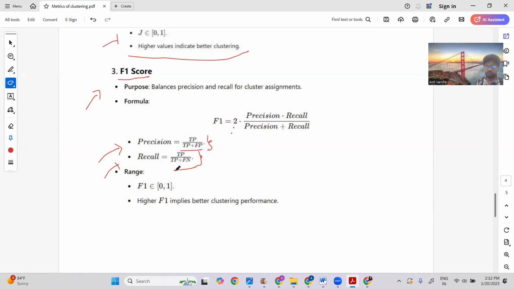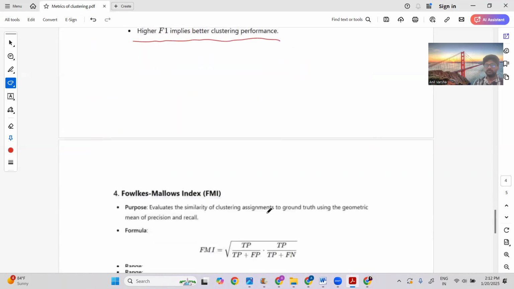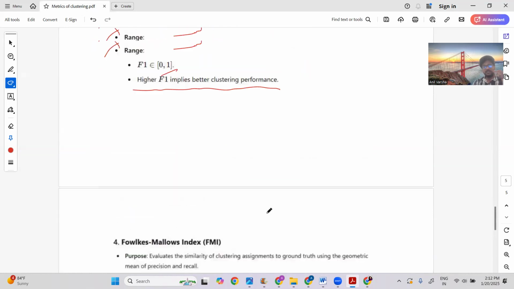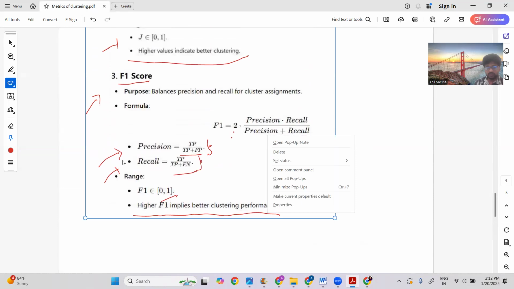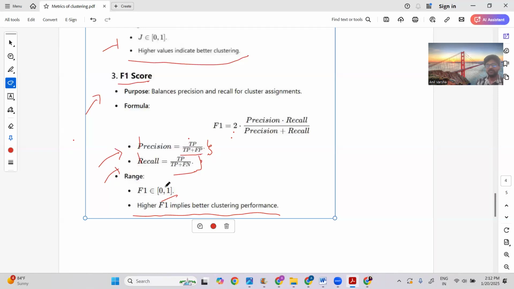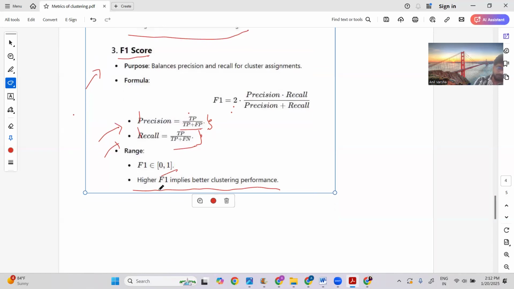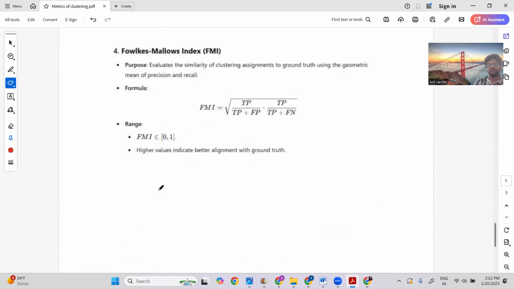It ranges between 0 and 1. A higher F1 score implies better clustering performance.